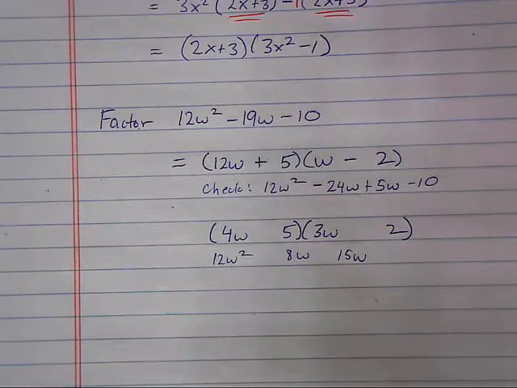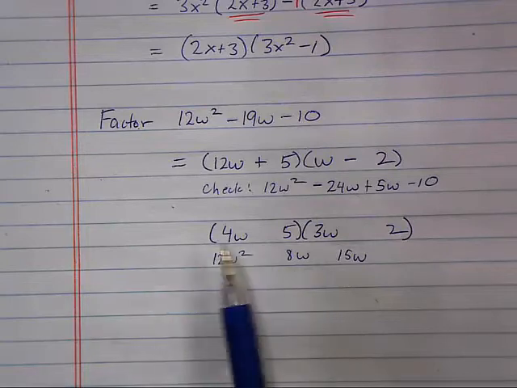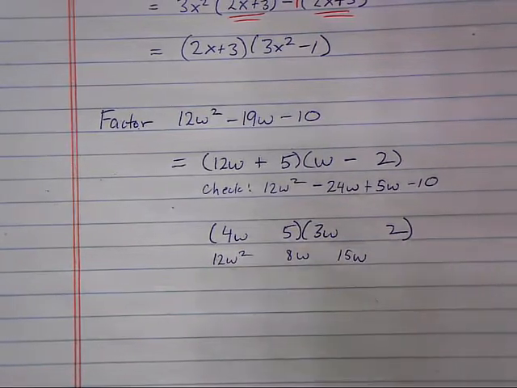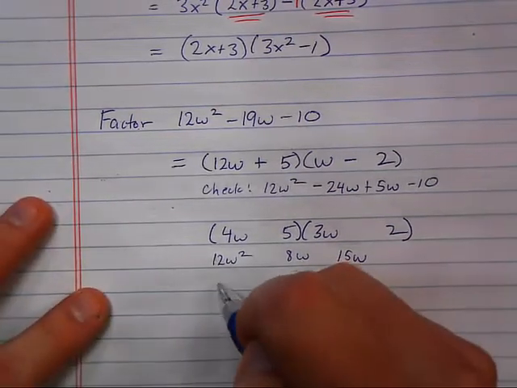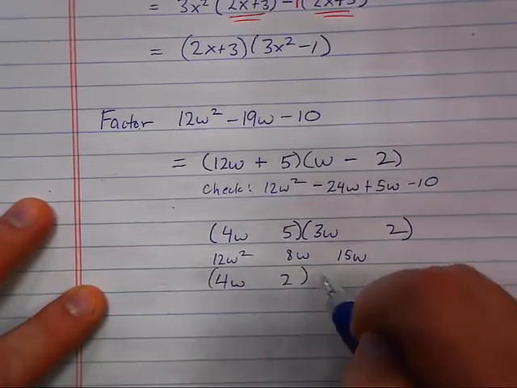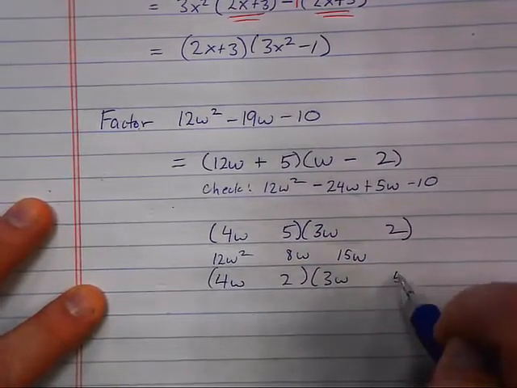And unfortunately, I do not know, is it the 4w and the 3w that's wrong? Or is it the 5 and the 2 that's wrong? I wouldn't know. So what would I have to do? I would have to guess again. So maybe I thought that the only thing wrong was it should be 4w and 2 and 3w and 5.